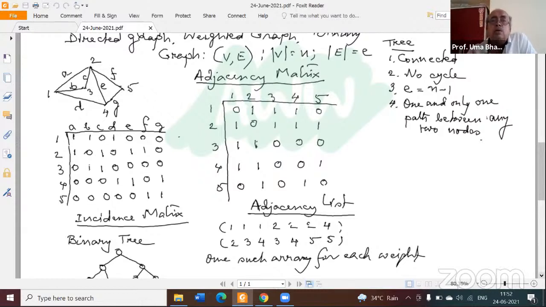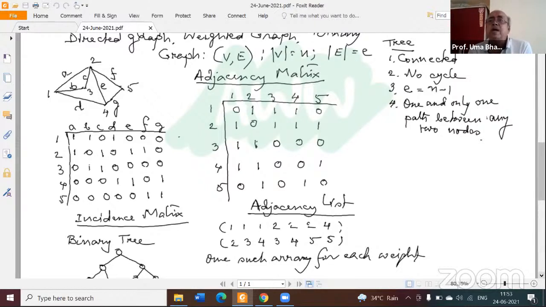But generally, you will see, for algorithms we generally cover, we prefer to use adjacency matrix. Unless otherwise specified, we will assume that the graph is stored as an adjacency matrix. And our algorithm works on the basis of adjacency matrix. Reason is very simple. First of all, this is a square matrix.